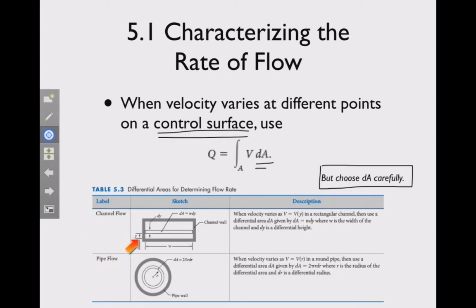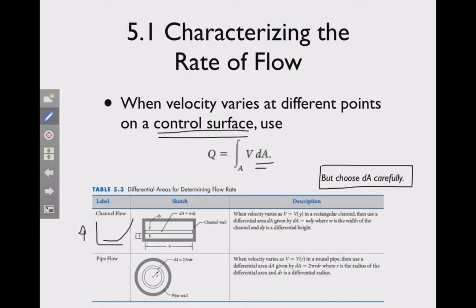In the case of a channel, when the velocity varies as a function of y, it might be slow down here, getting faster, and then slow again. We'd have some profile of velocity in the y direction. Just to give you an example, the velocity profile might look something like this in y.